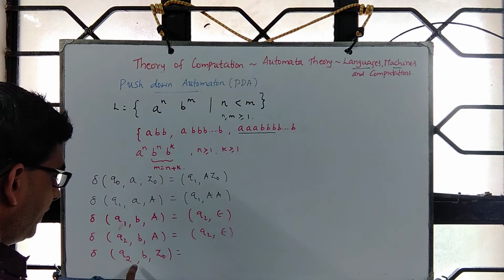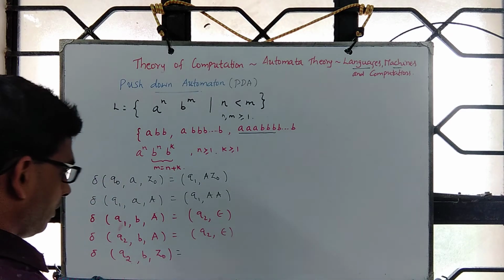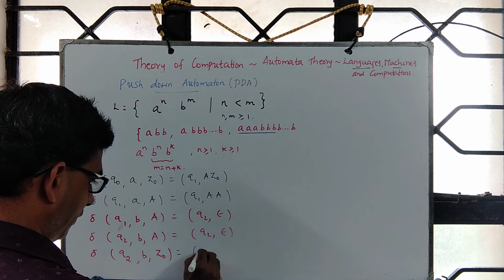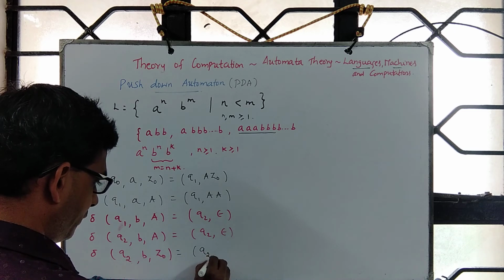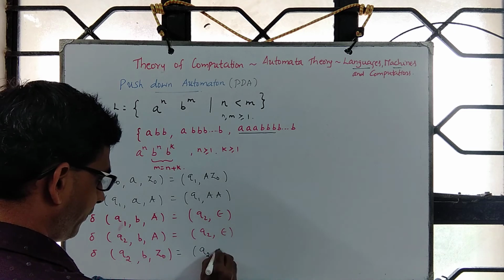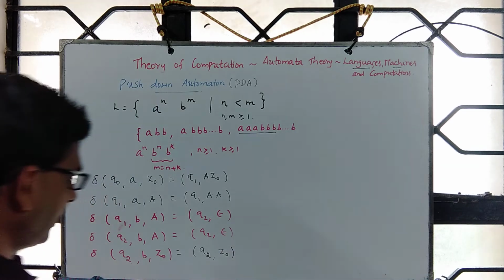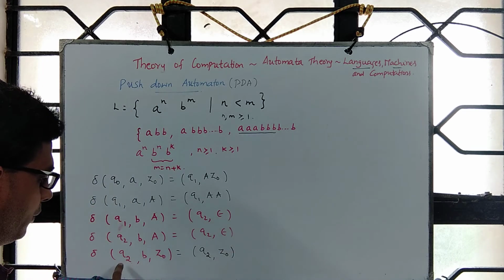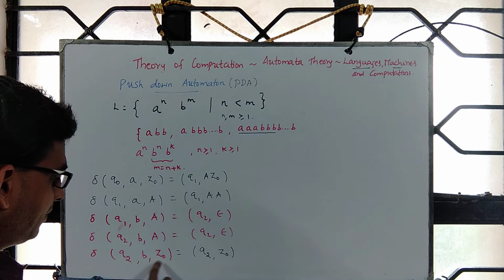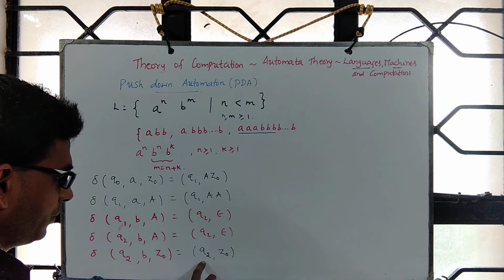So when we reach this, what we do is the following. We continue to stay at Q2 and scan through all B's. Something like a self loop. You are at Q2 and you read B comma Z0, you stay in Q2 and do not change the stack.